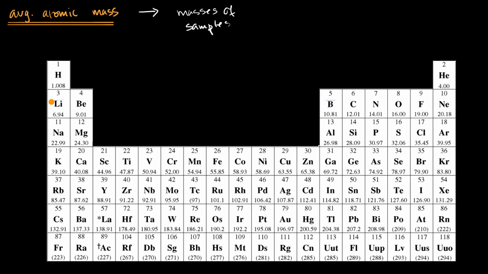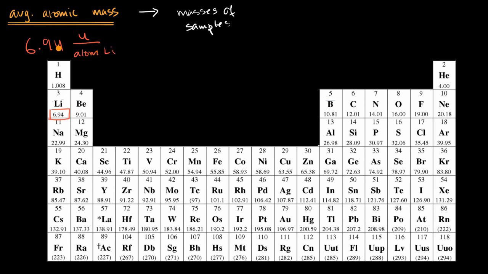They've said, all right, let's think about a given element. So say lithium. We know its average atomic mass is 6.94 unified atomic mass units per atom of lithium.